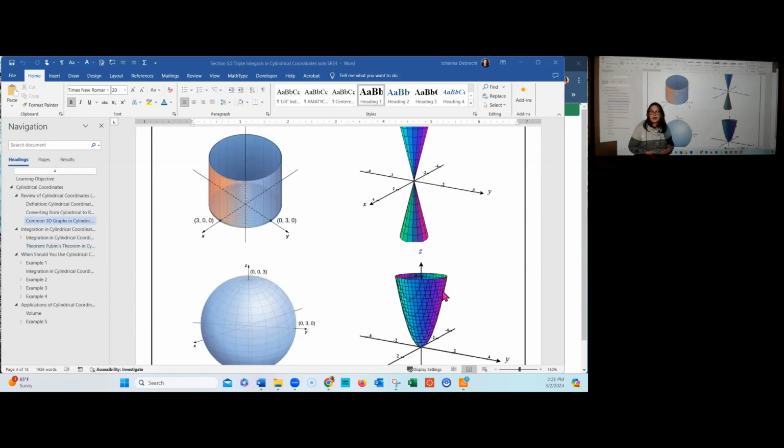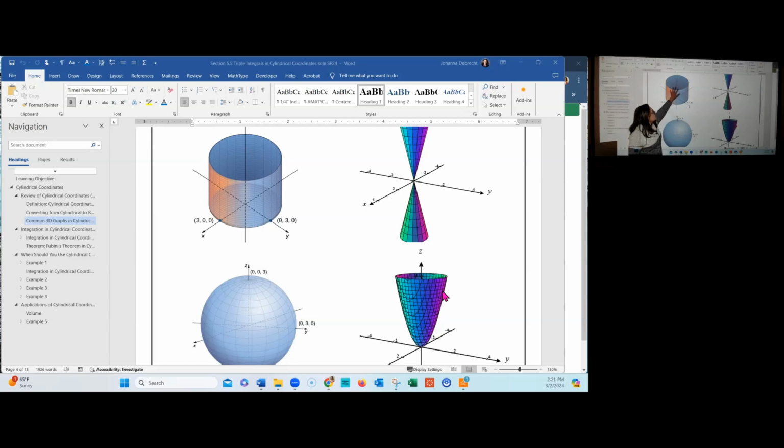Let's take a look back at the shapes over which it is appropriate to use cylindrical coordinates. When we look at all of these shapes, a right circular cylinder, a circular double napped cone, a circular paraboloid, or a sphere, notice that all of them can be considered to be symmetric about some axis. Now, the sphere can be symmetric around many axes, but you can also consider it to be symmetric about the z-axis.